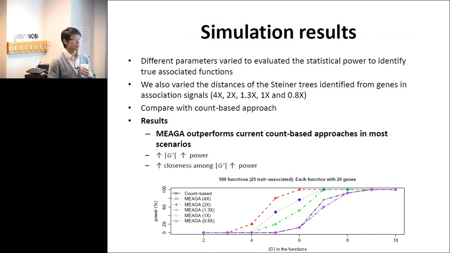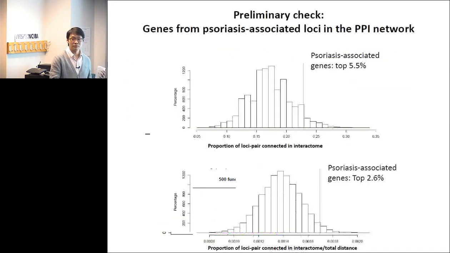You can imagine that 1x means that those genes from the associated loci are the same distance apart as the randomly selected genes from randomly selected loci. Then a counterexample, 0.8x, means that those randomly selected genes are actually closer than psoriasis-associated genes. Okay, but as I showed empirically, that's not the case.